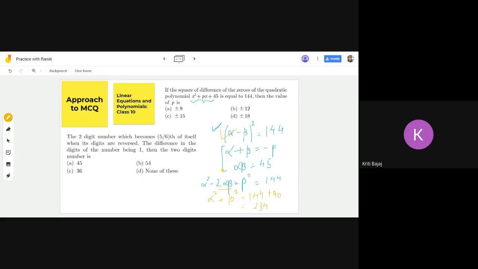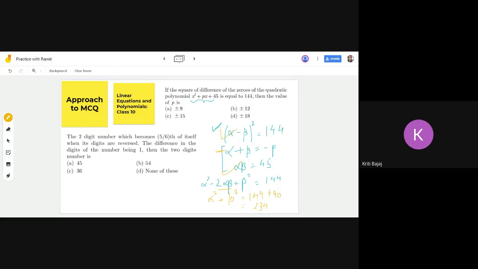I have used this somewhat. We basically need to find what alpha plus beta is, and then we can replace that value with p. Alpha plus beta is minus p, and alpha square plus beta square is given as 234.